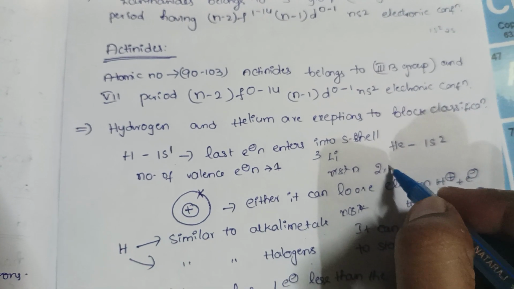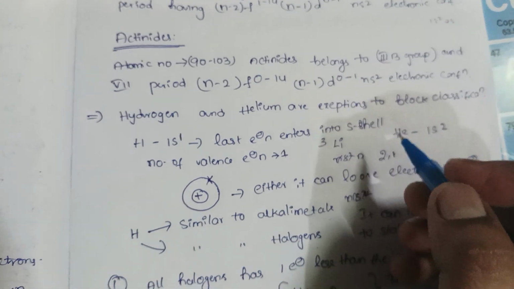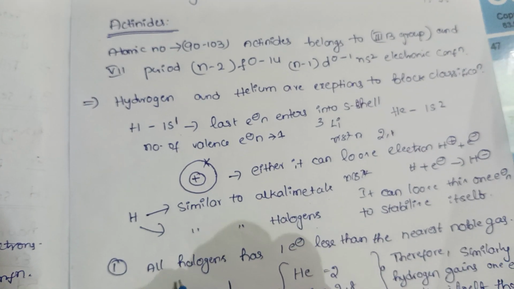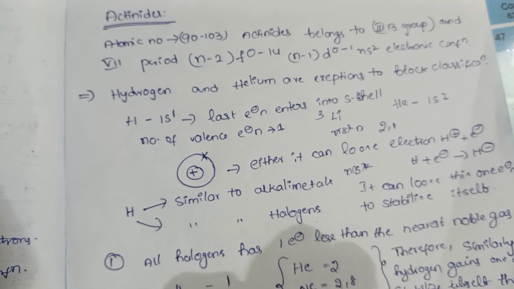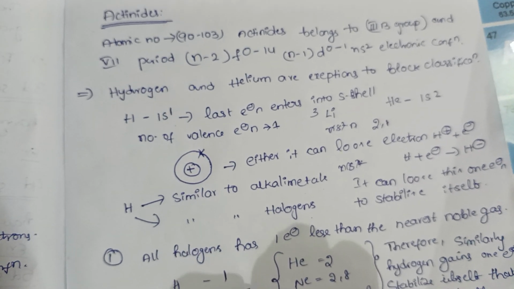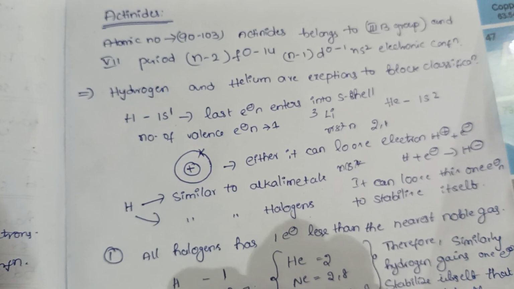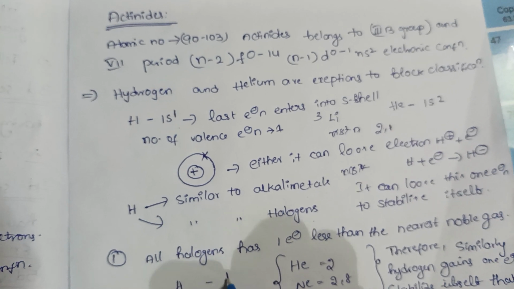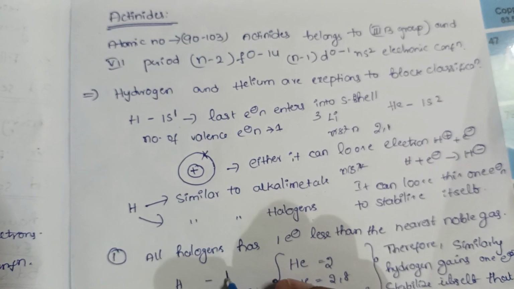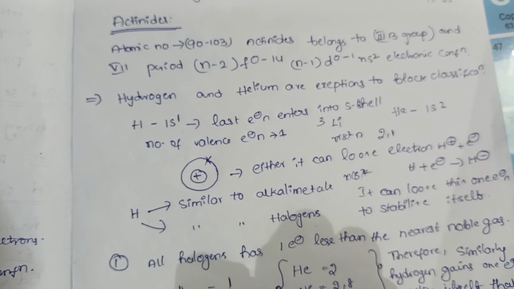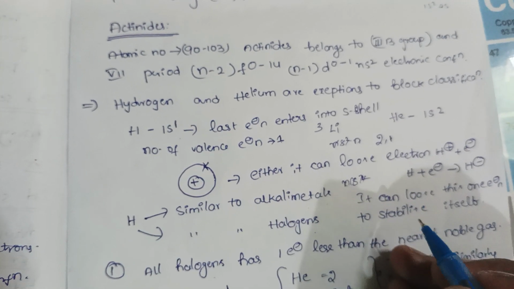If it loses one electron, it gains noble gas configuration. And if you take an example for halogens, fluorine has 2, 7 as outer electrons. If it gains one electron, it attains noble gas configuration. Likewise, hydrogen is also one electron short of noble gas configuration. If it gains one electron, it attains noble gas configuration. That's why it is similar to halogens and alkali metals.